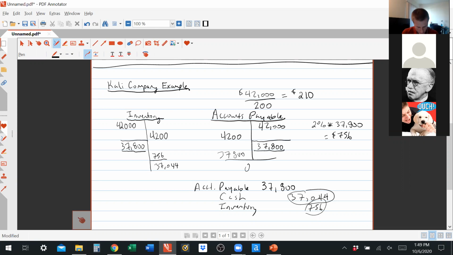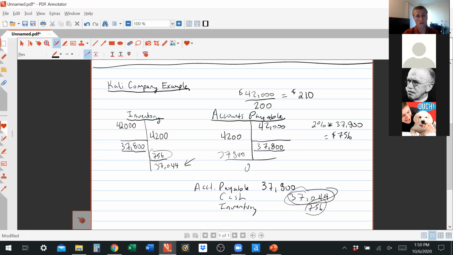How many items are in inventory at this moment in time? 180 cameras, right? We originally bought 200, we returned 20, we have 180. How much have we paid in cash for those 180? Well, we've paid this amount. So our balance in inventory has to be what we've paid, 37,044. And that's why we reduce inventory by the amount of the discount.